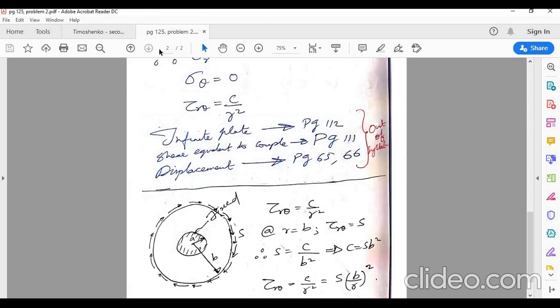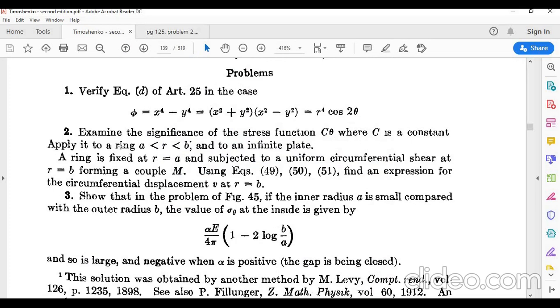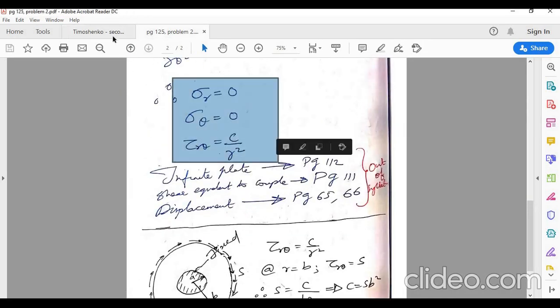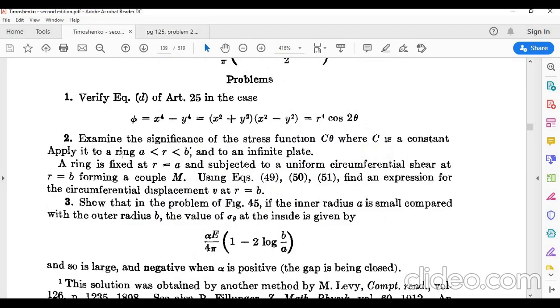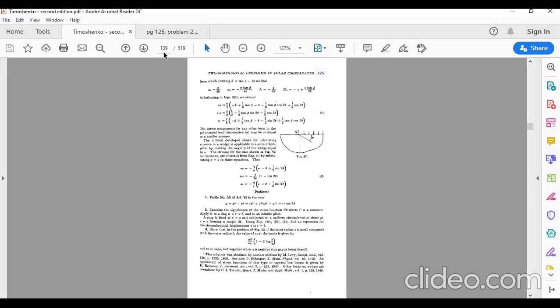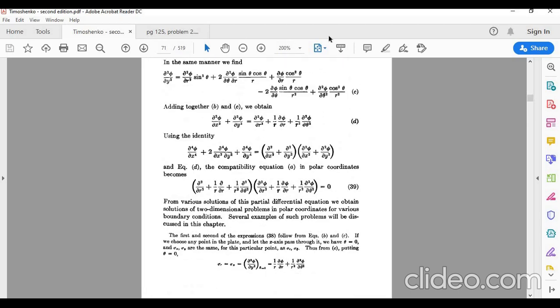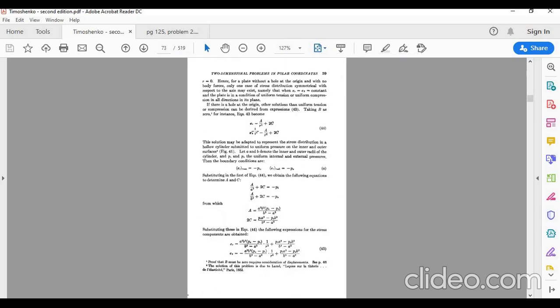So the only part of the question which we'll solve is how these stresses relate to a ring. That's what we had seen earlier, towards the beginning, immediately after arriving at the equations of equilibrium as well as the stress function in polar coordinates.